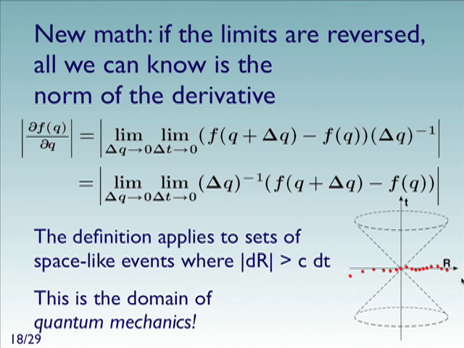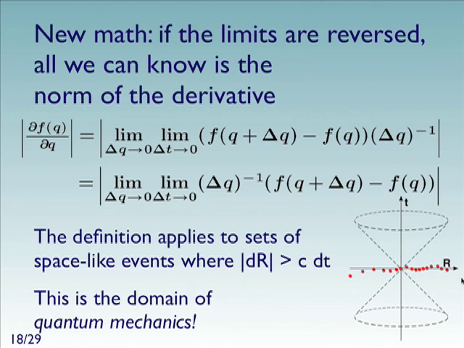So this might just be a thoroughly amazing result, that we have a completely mathematical reason for the difference between classical physics, that being the regular derivative or derivative along the real axis, and quantum mechanics, which is a norm derivative for space-like separated events.